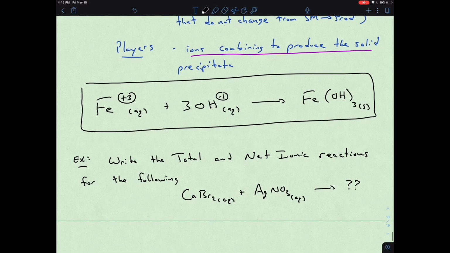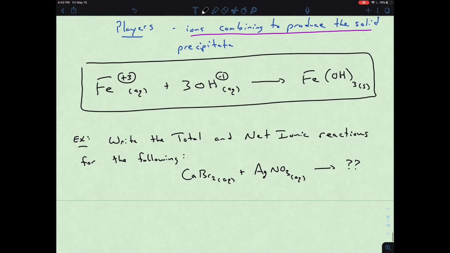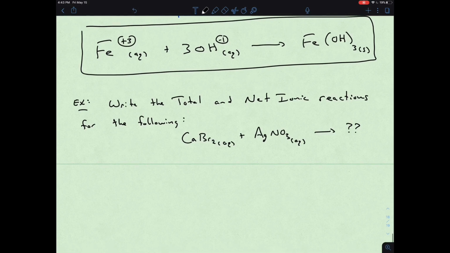So here we want to write the total and net ionic reactions for the following reaction. We have calcium bromide plus silver nitrate produces what? So if we do our first step, the first step is to represent all as our ions.